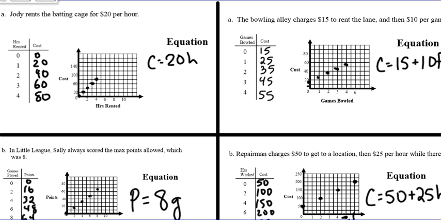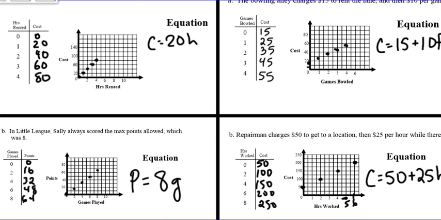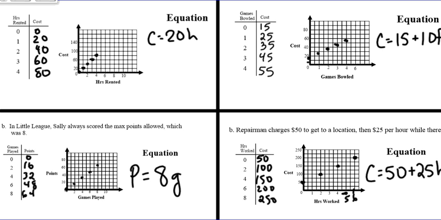So I have the pages now for my direct variation and some partial variation. Of these four graphs on pages 3 and 4, which are direct variation? Well, we can see here's direct variation because we're starting at 0, 0. 0 hours of a rental of the batting cage costs $0.